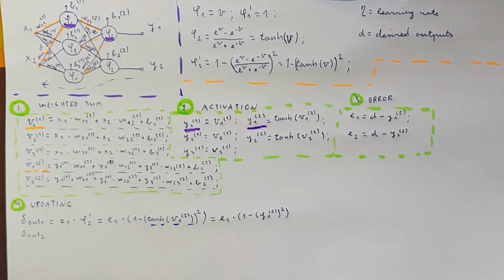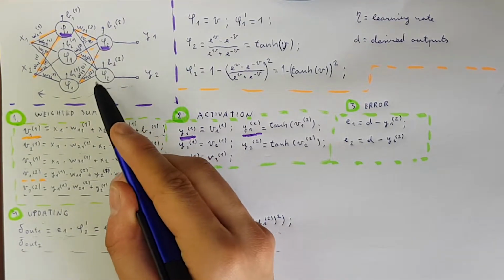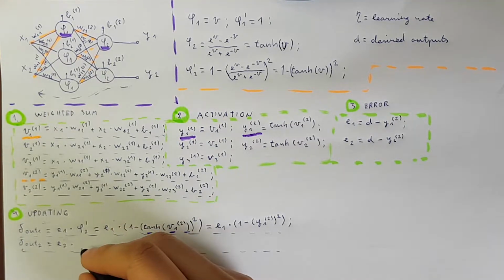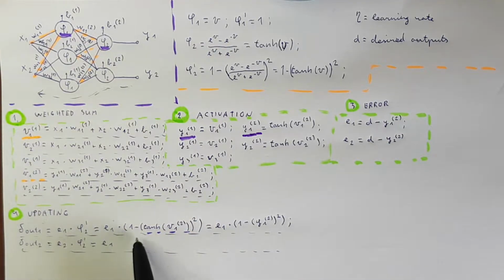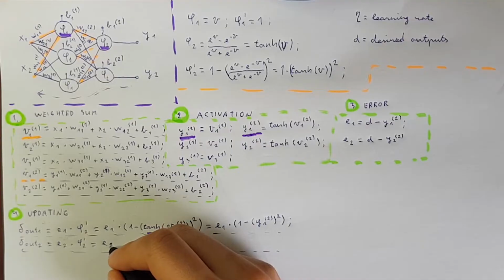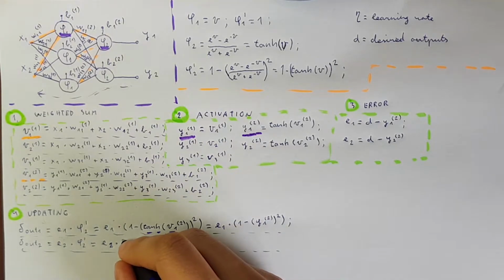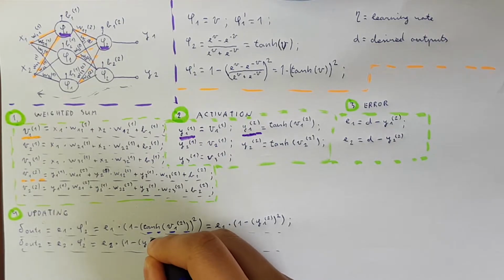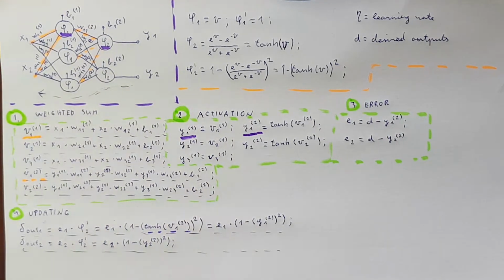Similarly, we write it for our delta out 2 for the second neuron: error 2, E2, is multiplied by the phi 2 derivative, which is 1 minus Y2 of the second layer, squared.